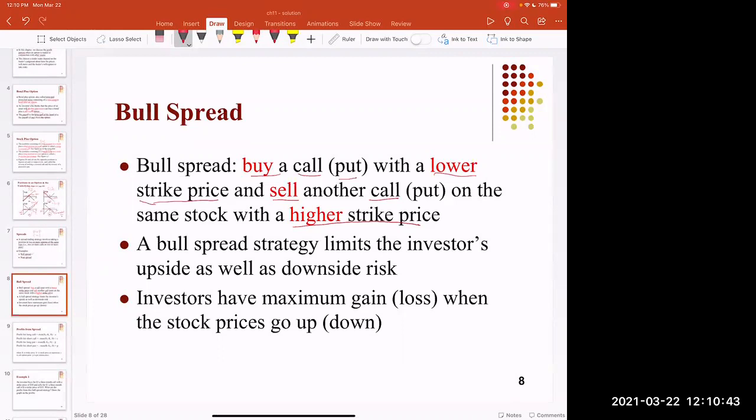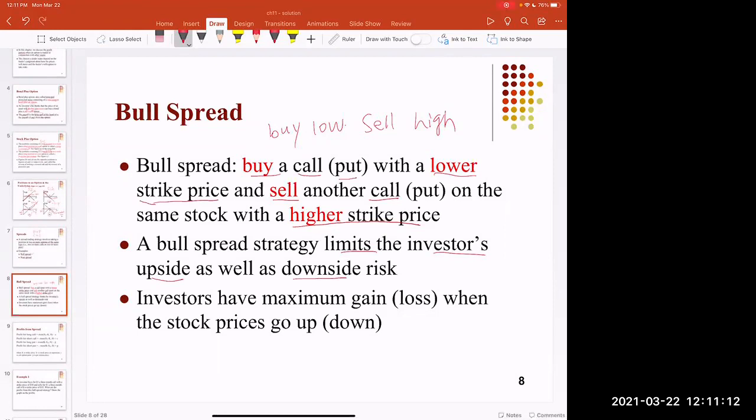We can call it buy low, sell high. A bull spread strategy basically limits the investor's upside as well as downside risk.